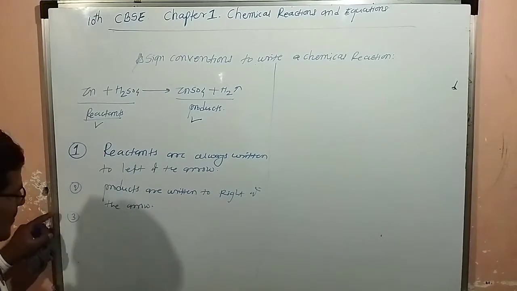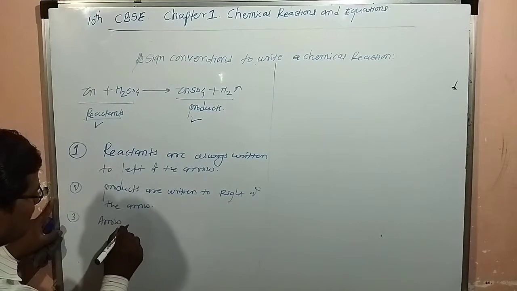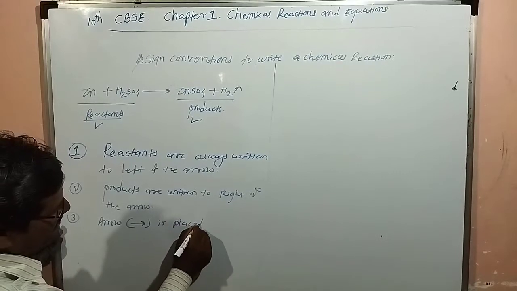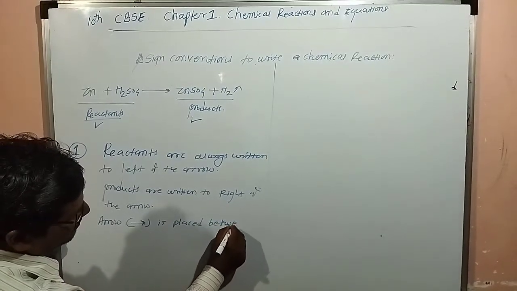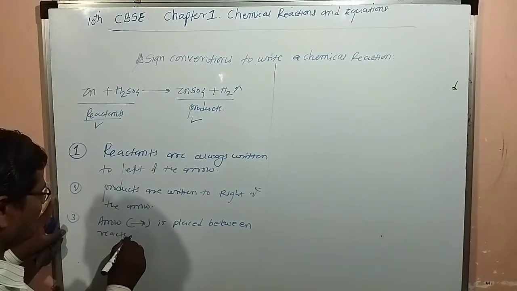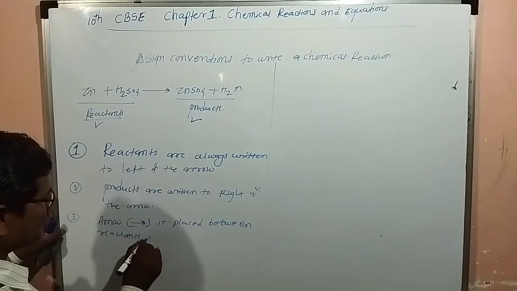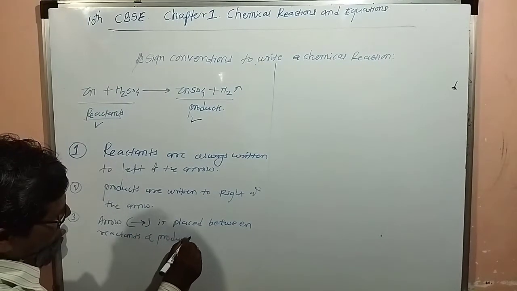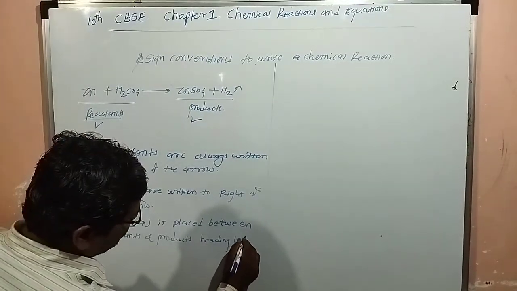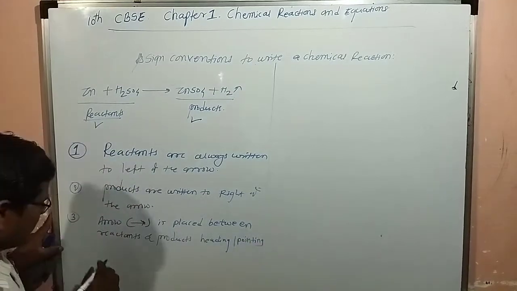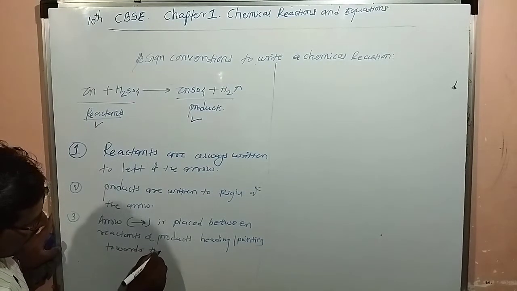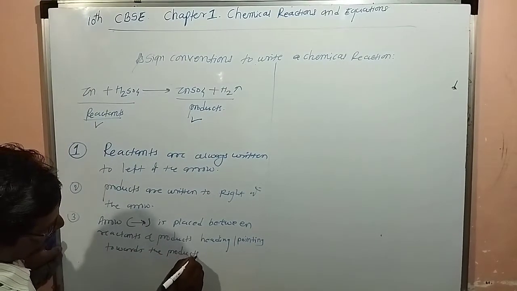Third point is there. Arrow is placed between reactants and products, heading or pointing towards the product.